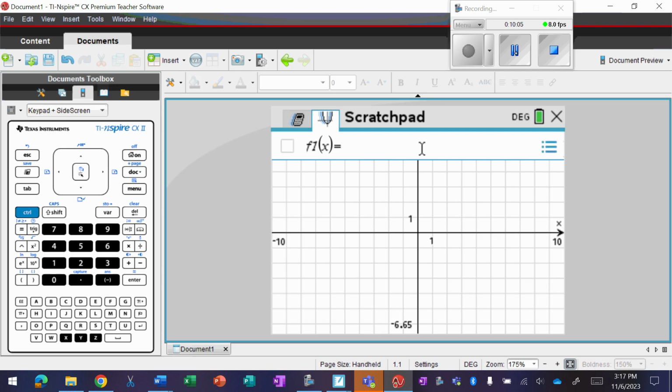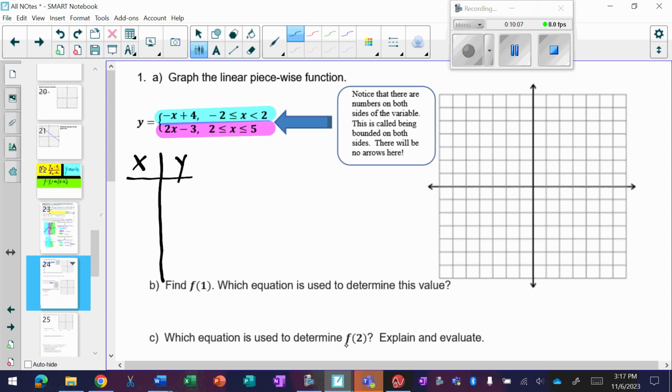All right. So what we are looking to do is take the equation negative x plus 4 and graph it along the domain from negative 2 to positive 2. So the left end of this graph will be a closed circle around negative 2. That's the first x value that we were going to look up. Then we're going to continuously draw this all the way up until x is positive 2.